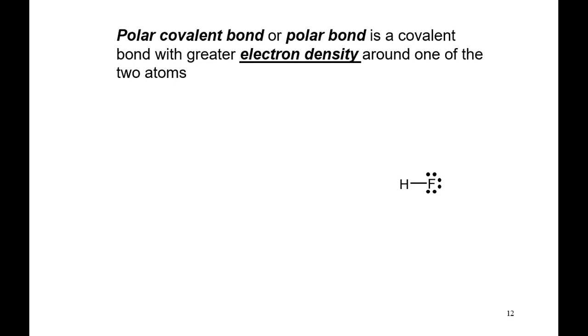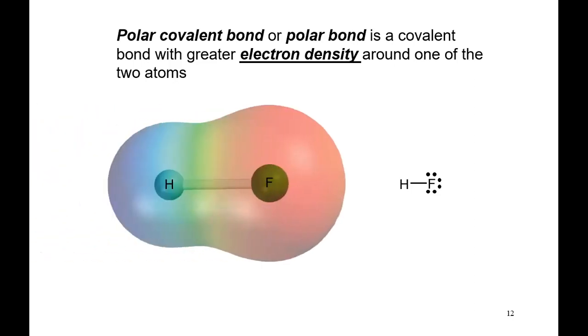But here's what the structure doesn't tell me. If I were to map out the electron density, the clouds of electrons around these actual atoms, I would see something like this. In this picture here, I don't know if you can see the colors, it looks bluish around the hydrogen and kind of pink around the fluorine. But what that means is that the region around the hydrogen is electron poor, and the region around the fluorine is electron rich.